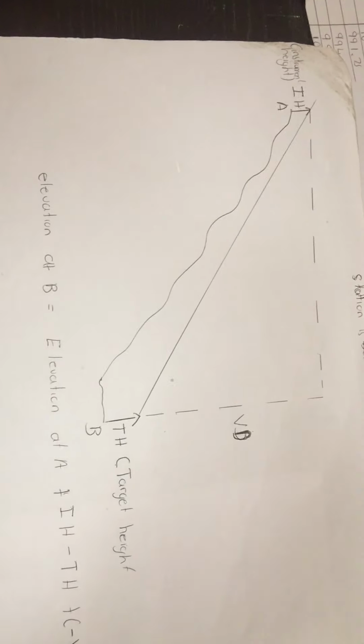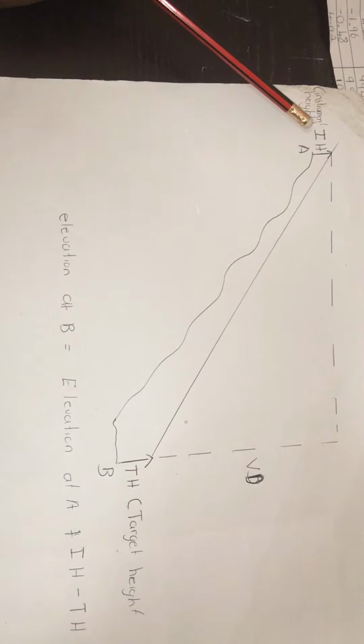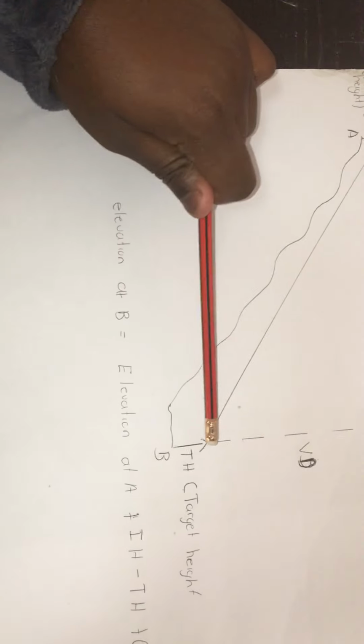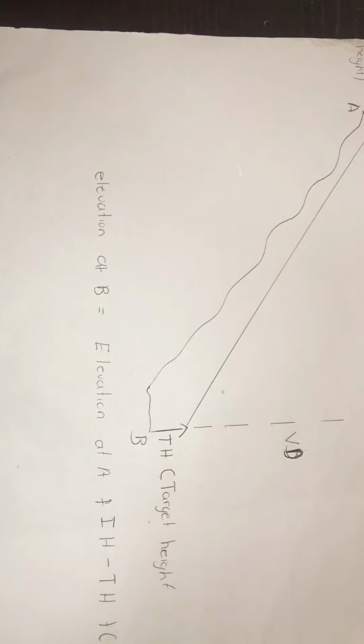But if your station is above, as shown in this diagram, you are determining the elevation below. You can see your VD is this one, and you have your instrument height, and your target height, which is below.